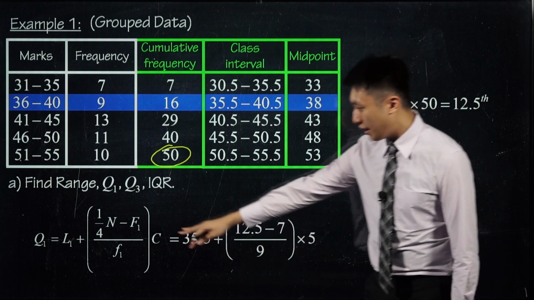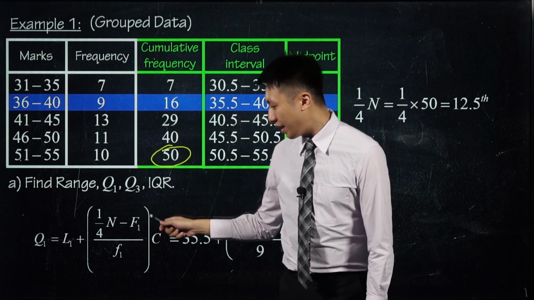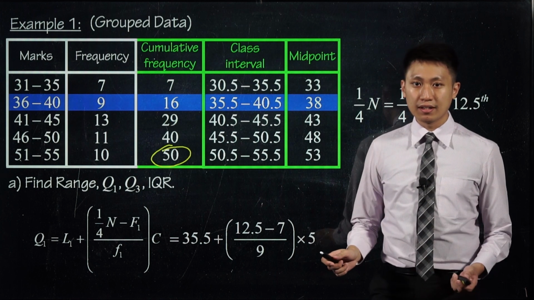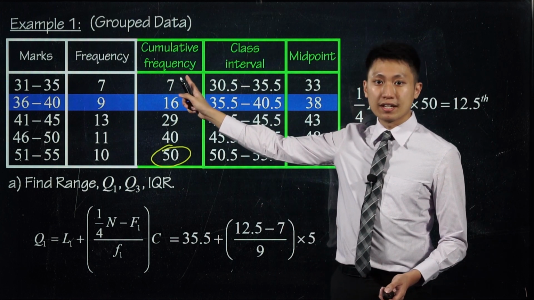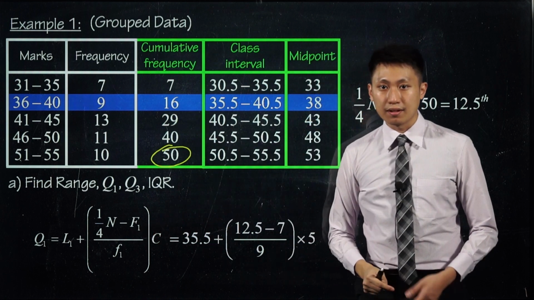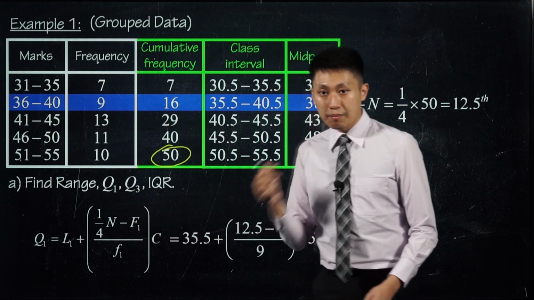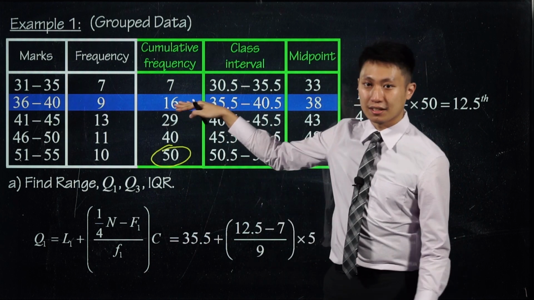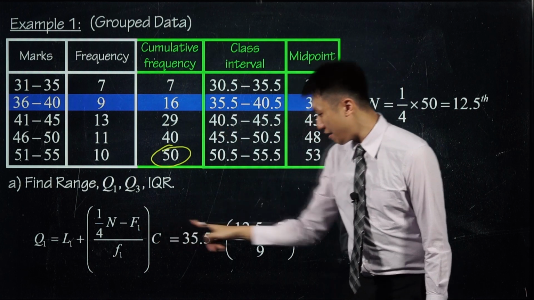Next, what is capital F1? Whenever it's capital F, it is cumulative frequency. Then what is F1? Is it 16? No, this F1 means the cumulative frequency before this class. So it's 7.